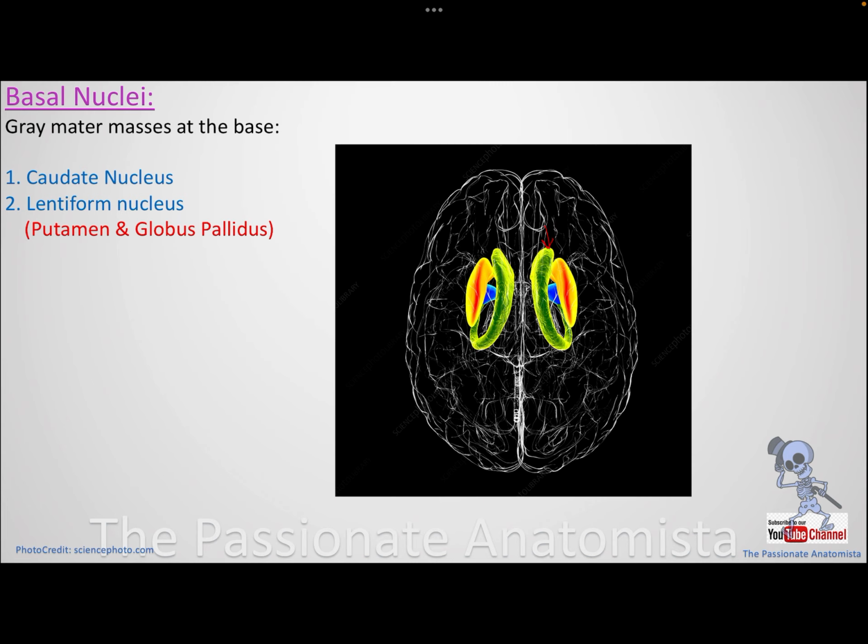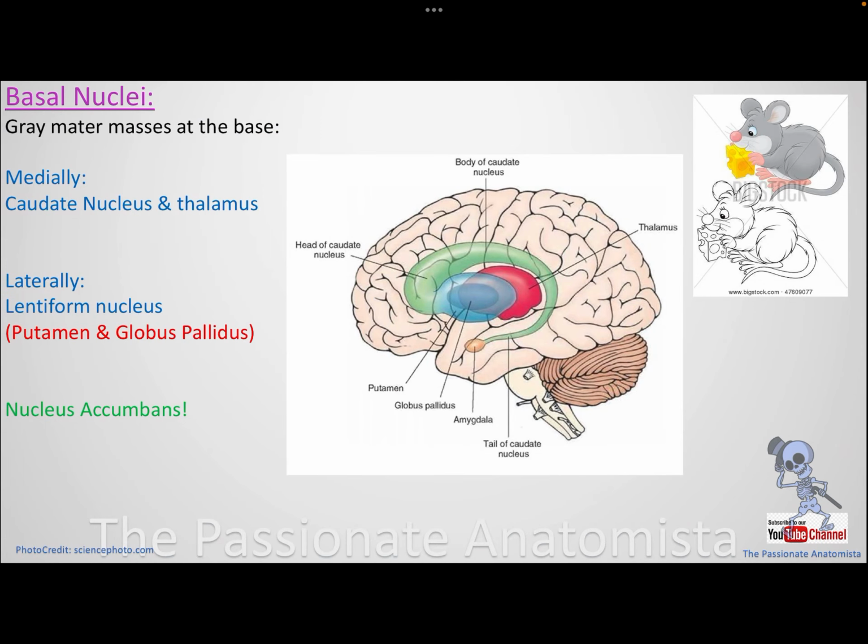Okay, guys, there is another name for those guys. Okay, so this is again the same thing. It's not a different name. It's shown here. I'm showing you guys the idea I told you, that those gray matters at the base of the brain, which is the caudate nucleus and the lentiform and the thalamus.